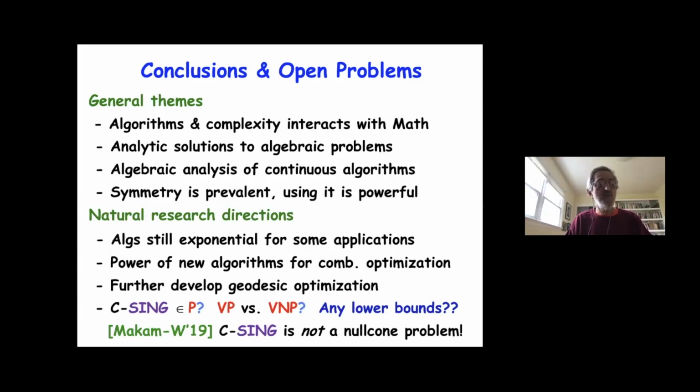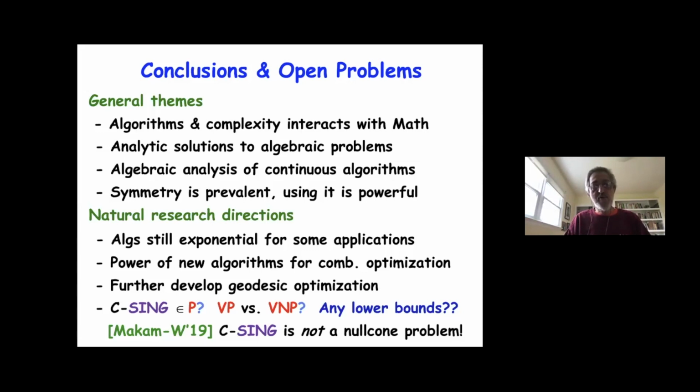And I wish there were more combinatorial optimization problems that can be expressed as memberships in moment polytopes, hopefully new ones. Geodesic optimization, I think we are just beginning to understand it. I mean, we are writing a 100-page paper to explain what we know, but I think that there is a lot to understand there.